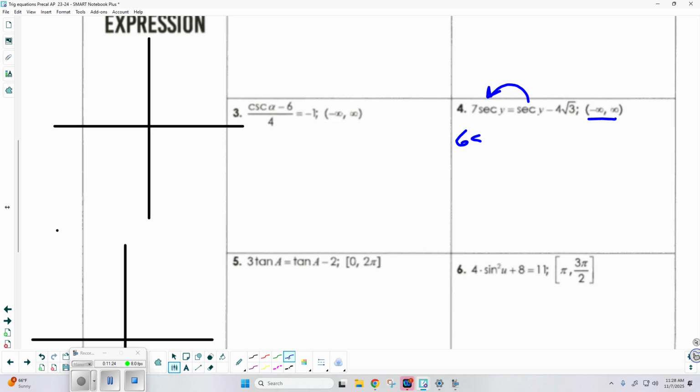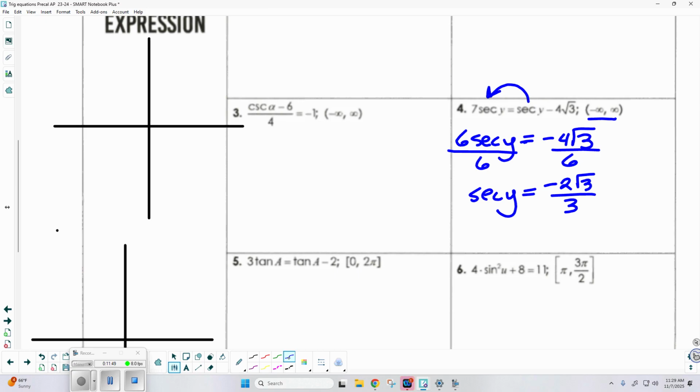So that's a 6 secant of y is equal to a negative 4 root 3. Now what? Divide by 6. There we go. Just like I'd isolate a variable, I'm going to isolate a trig function the same way. So I'm getting that secant of y equals, well, the negative 4/6 would simplify to a negative 2 root 3 over 3.